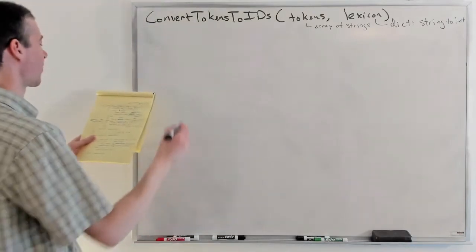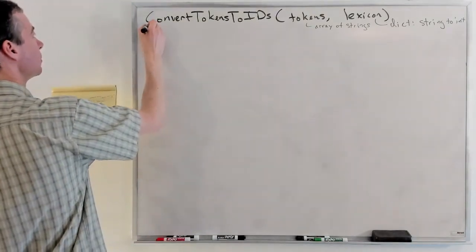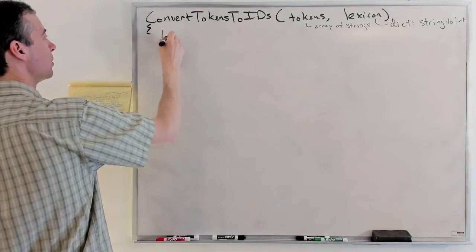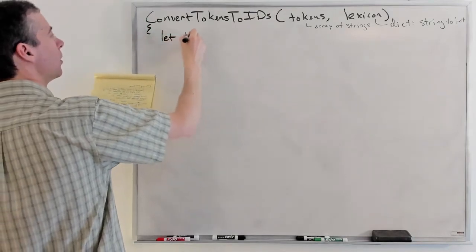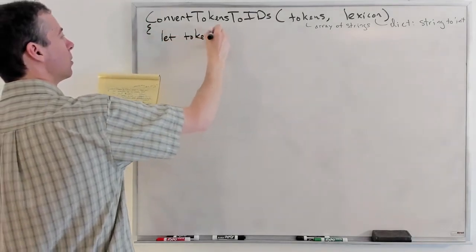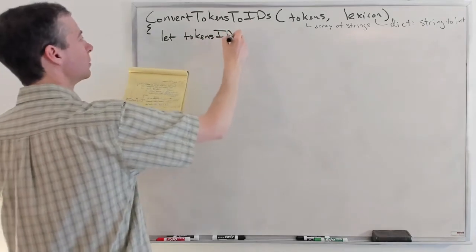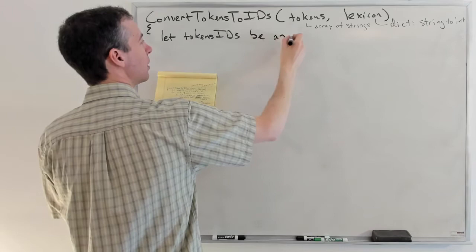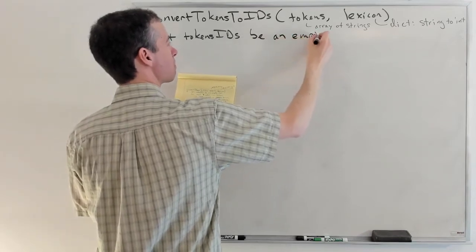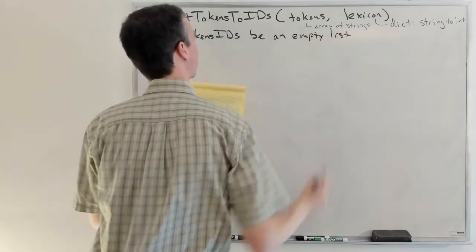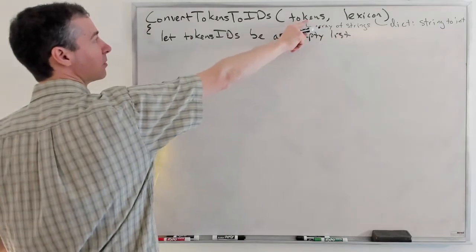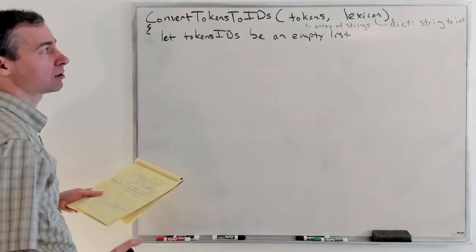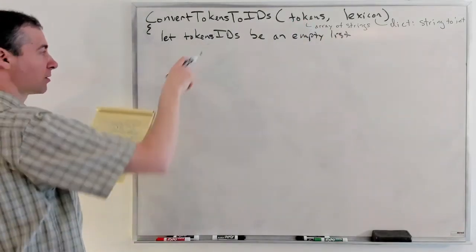All right, so here we go. Our first thing we're going to do is make a token IDs variable, which is an empty list. We're basically, again, converting an array or list of strings into an array or list of IDs.